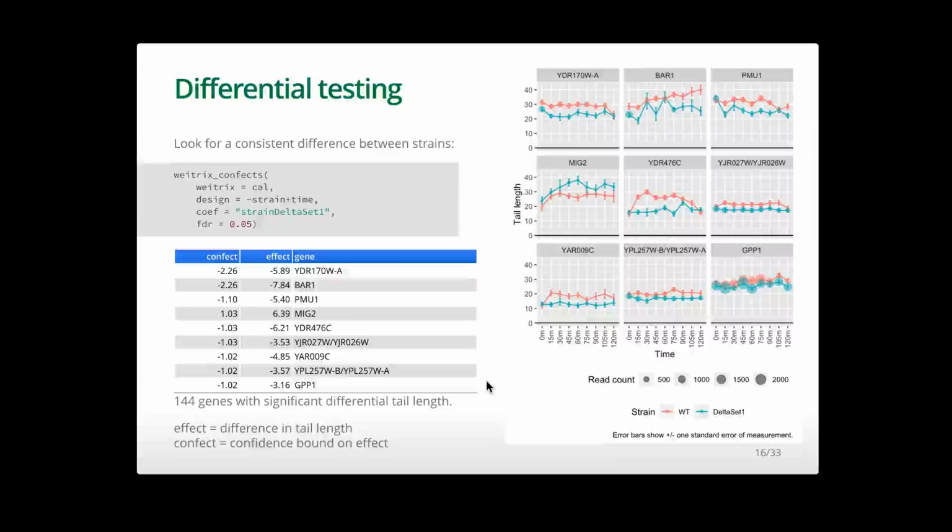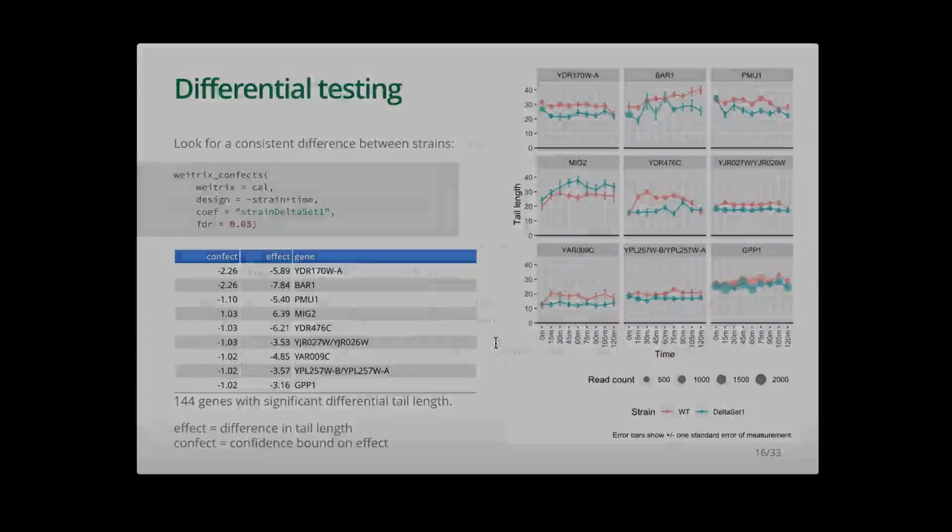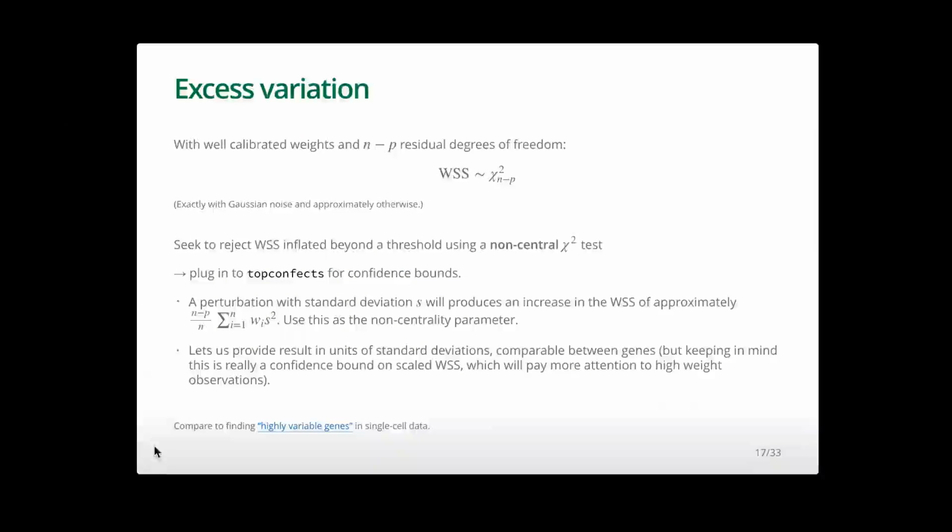Okay, but we are a little bit limited in what we can test in this data set. So what else can we do? With well-calibrated weights, we can start looking for excess variation larger than we expected. For each gene, we expect the dispersion to be about 1.